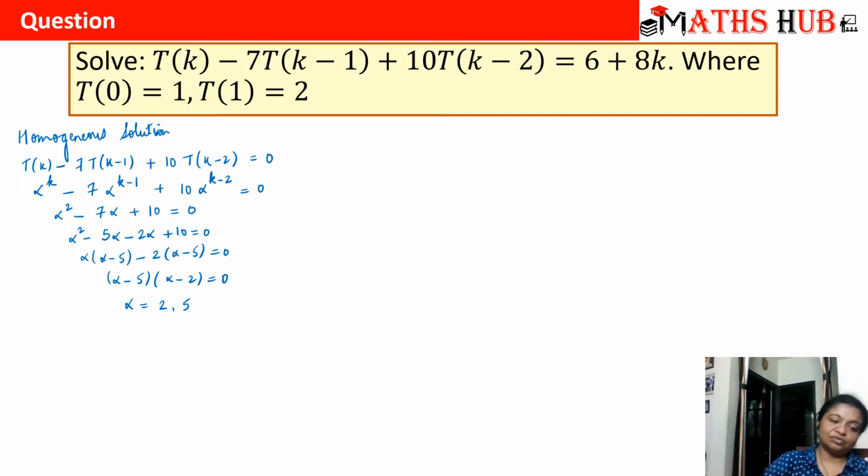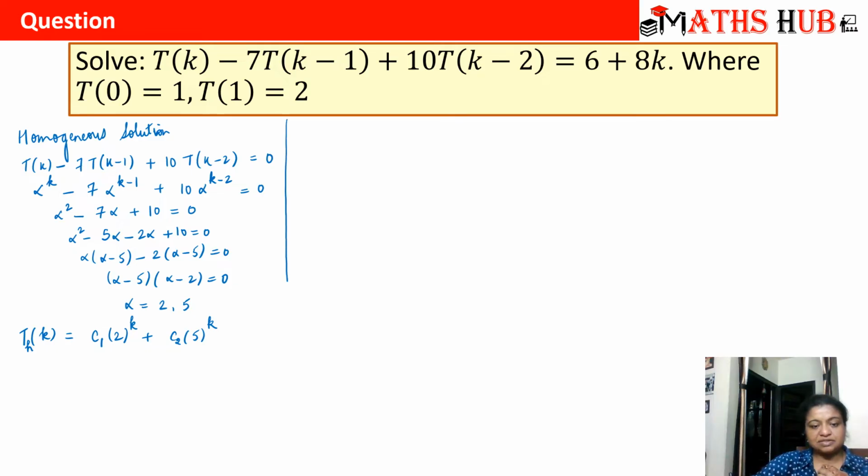We are interested in calculating t_k, and now we are calculating the homogeneous solution, so we write t_k^h here. It is c1 times 2 raised to power k plus c2 times 5 raised to power k, right? So this is my homogeneous solution.